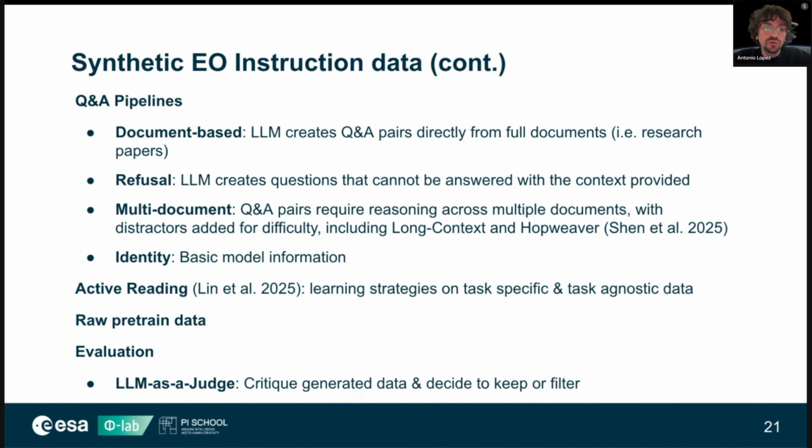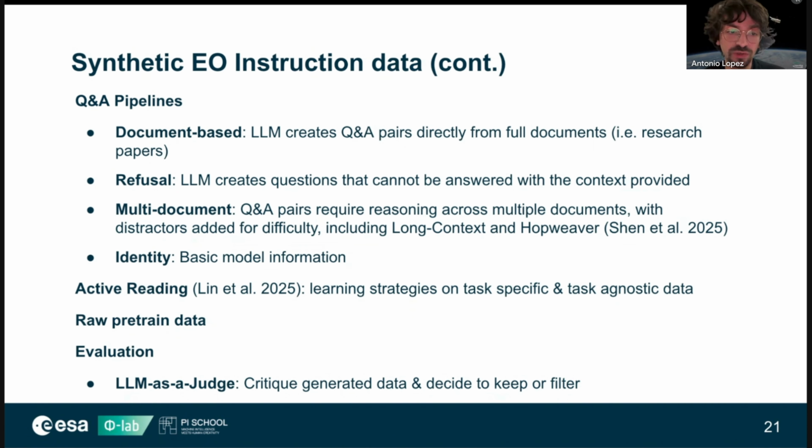Alongside this, we also used another pipeline from a really recent paper called Active Reading, which also generates instructions. What it tries to do is come up with learning strategies. So let's say a document is given as input, and the model tries to come up with different instructions, like creating a roadmap to learn this document, or, for example, identifying the main concepts of the document.